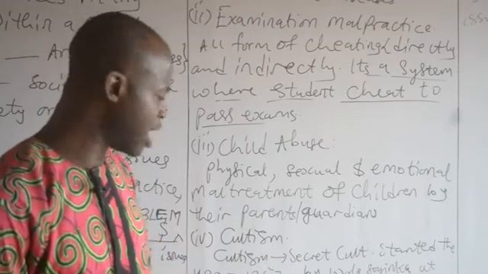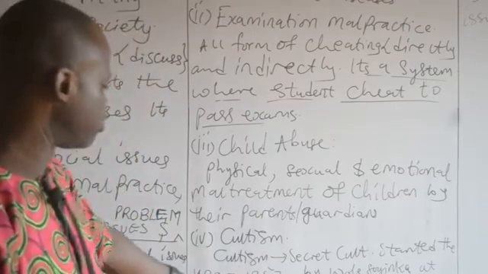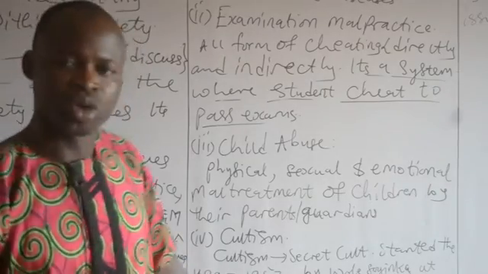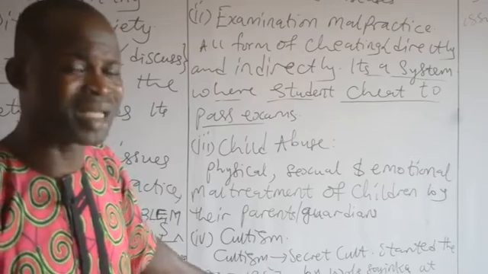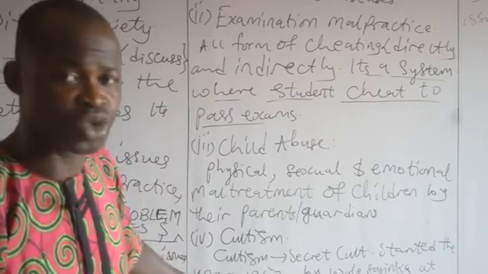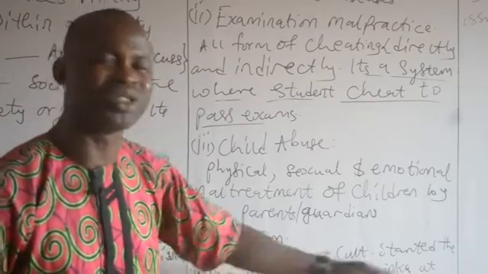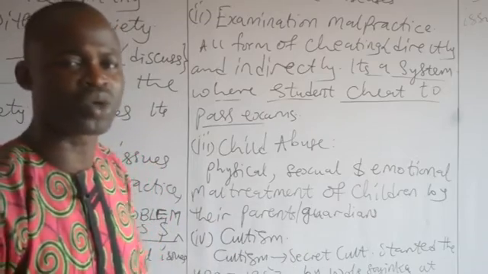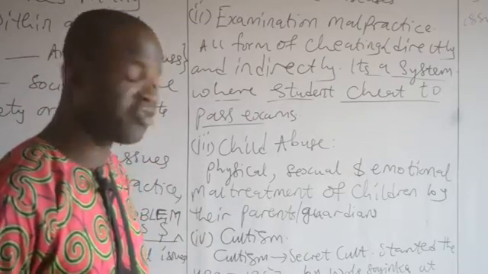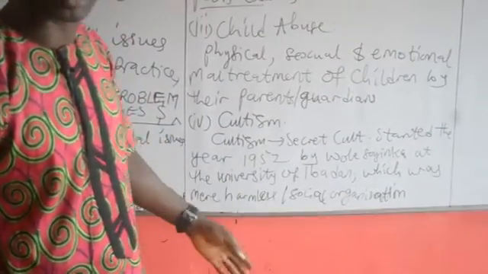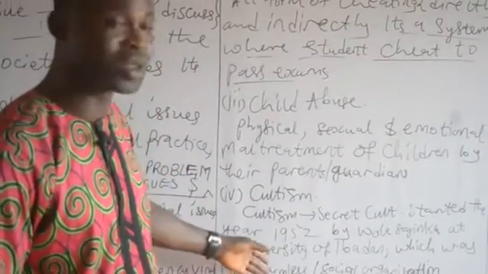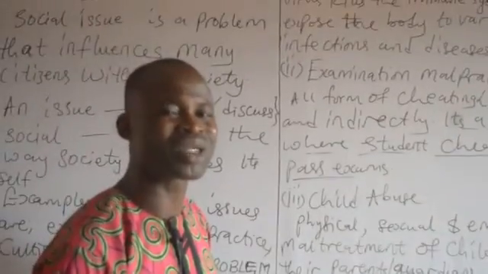Again, it started at the University of Ibadan in 1952 as a harmless social organization to better the life of co-students on the campus and the society. But today, it is a nefarious act.